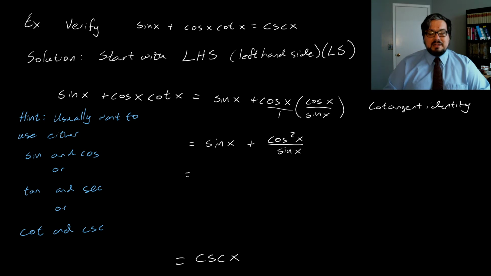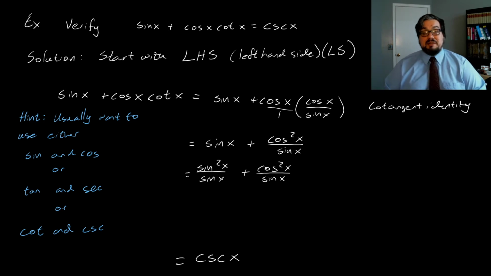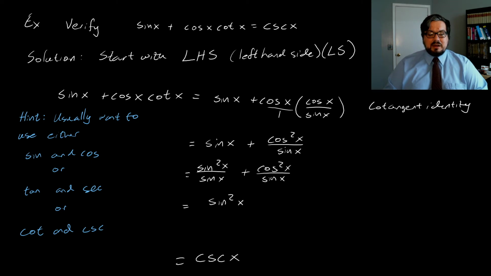So for sine x, I can multiply on top and bottom by sine to get sine squared x over sine x. Now my two fractions have the same denominator, so I can add them to get sine squared x plus cosine squared x over sine x.